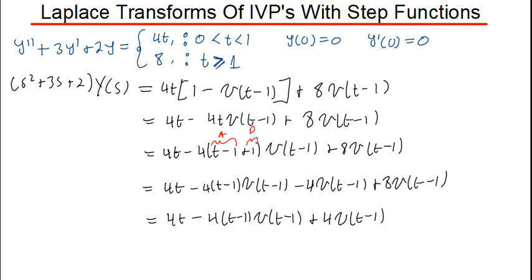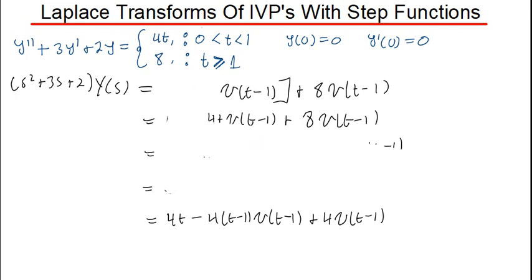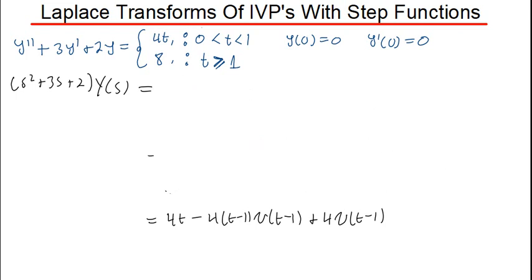Okay, so now we can go ahead and find the Laplace transform of this, which is not hard to do if we know the second shifting, as well as how to find the Laplace transform of a unit step function. So for this part, let me put the 4 outside.